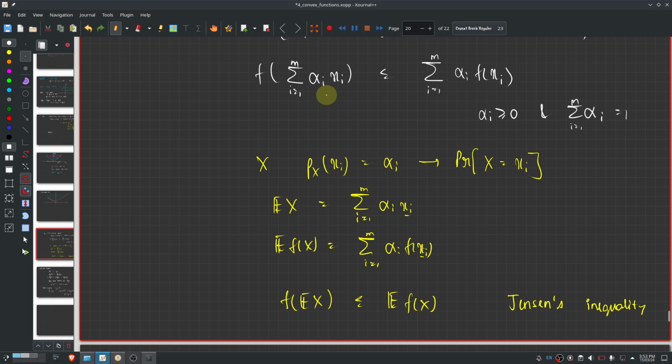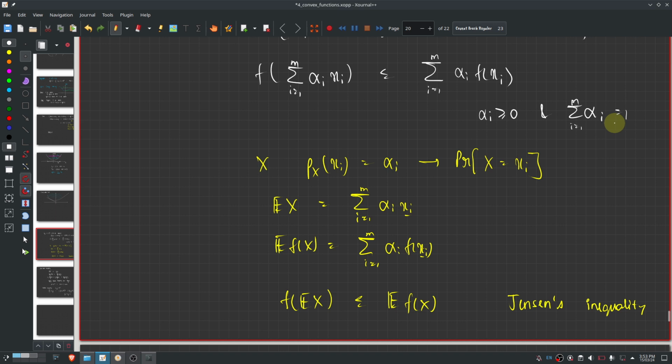You can define a more generalized notion of a convex combination as the integral of alpha of x times x, where alpha of x is a general function which is non-negative and whose integral is equal to 1.